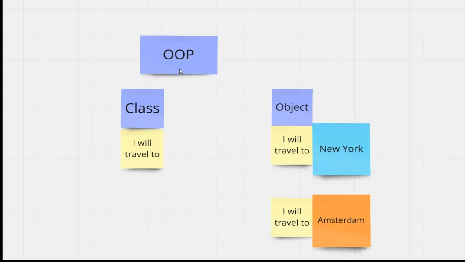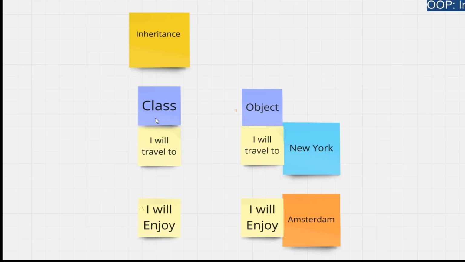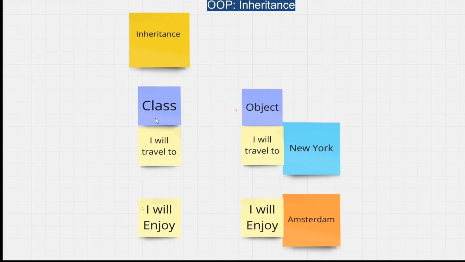So in object-oriented, I have classes and objects, which enable me to make my code more efficient, avoiding the redundancy, saving more effort and time.